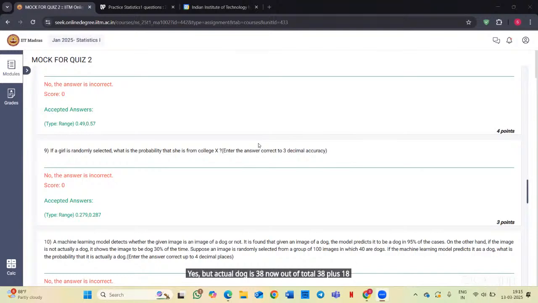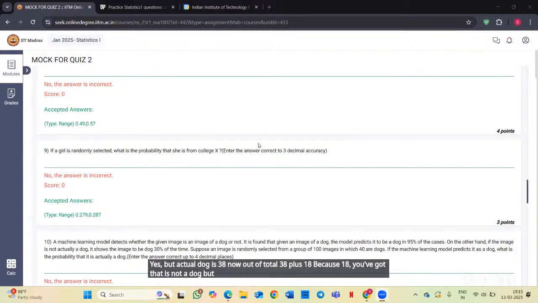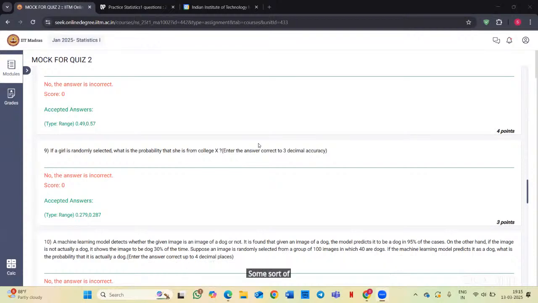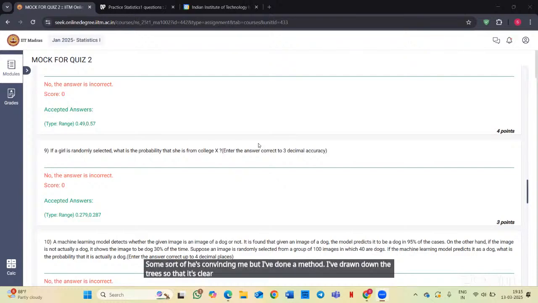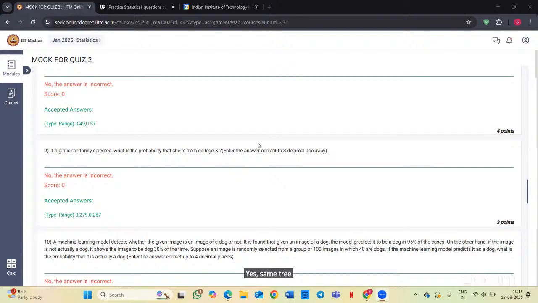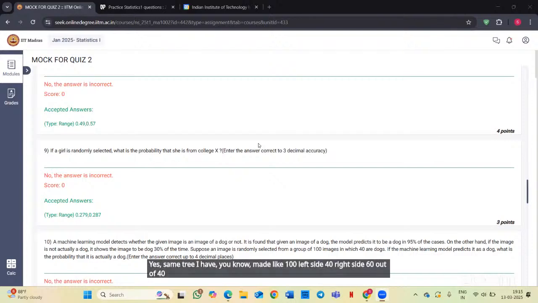Because the 18 you got are not actually dogs. Ma'am, he's convincing me somewhat, but I've done a method. I've drawn the trees so that it's clear for me, but he's also convincing me. The same tree I have: 100, left side 40, right side 60. Out of 40, 38 and 2; out of 60, 18 and 42.